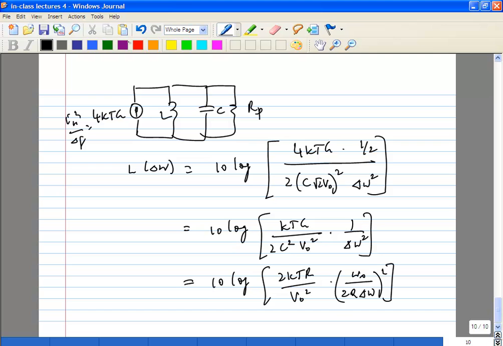All you have to do is multiply and divide by omega naught, and then multiply and divide by r. So omega squared r squared c squared will give you q squared, right? So that's how you get this. Okay, it's pretty straightforward. So at least as far as thermal noise goes, it's pretty similar to the linear system. Okay.